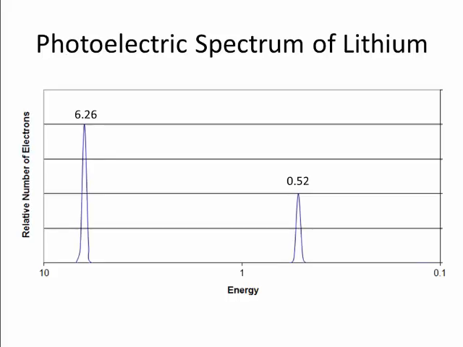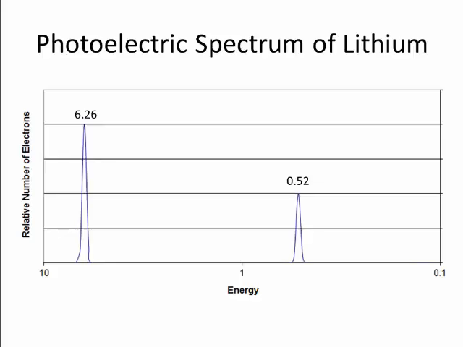The x-axis is labeled energy. That's usually binding energy, a measure of how tightly an electron is held by the nucleus. You can think of it like ionization energy. How much energy does it take to remove that electron from the atom?